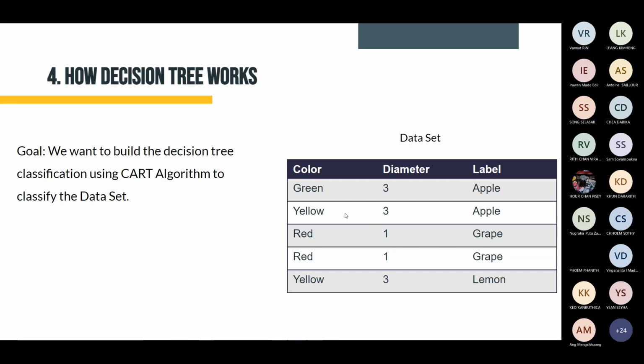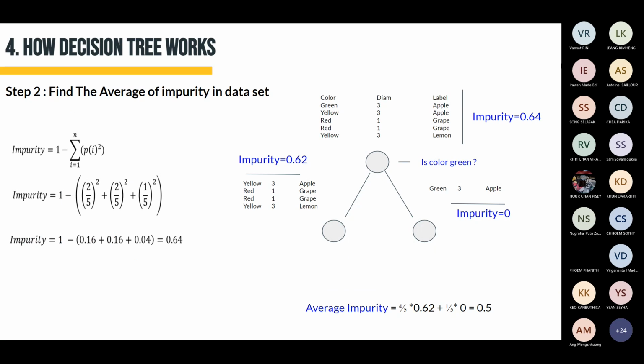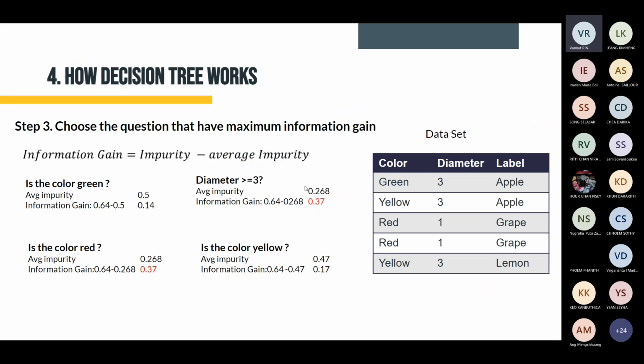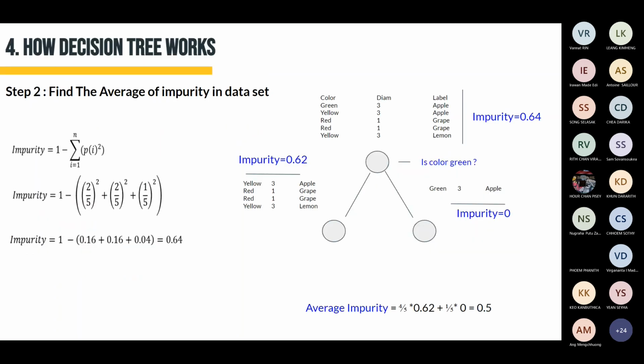We can choose the root node by using the formula. We have possible questions that we can add, but in order to decide which one to add first, we need to find the average of the impurity.